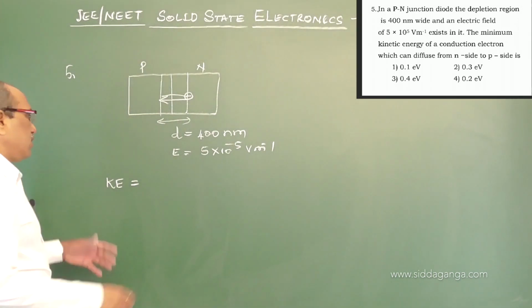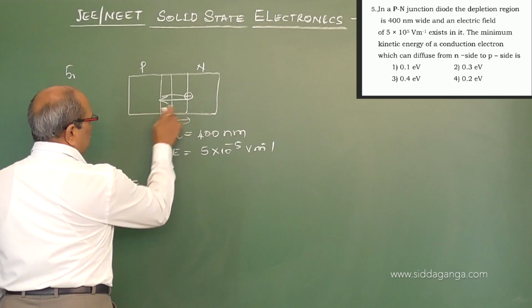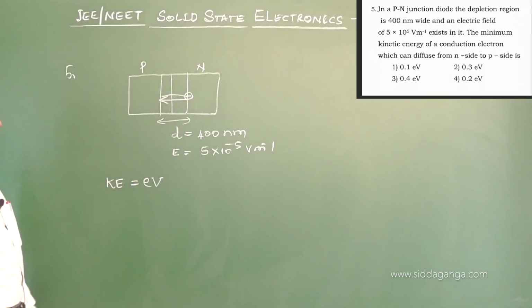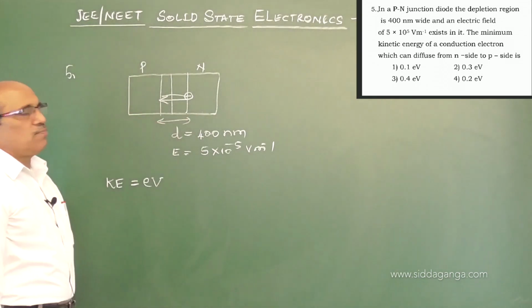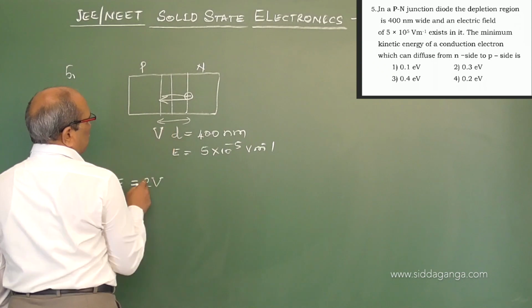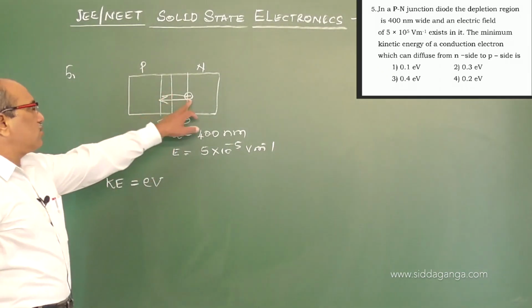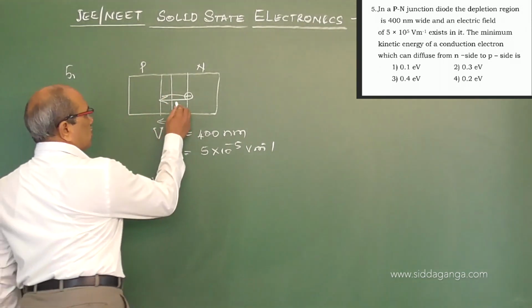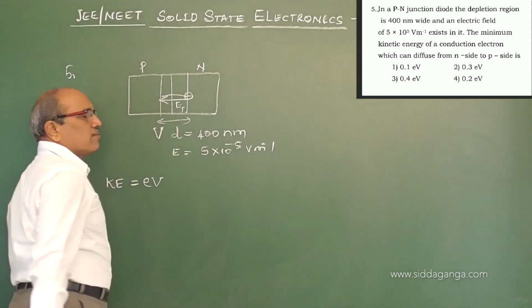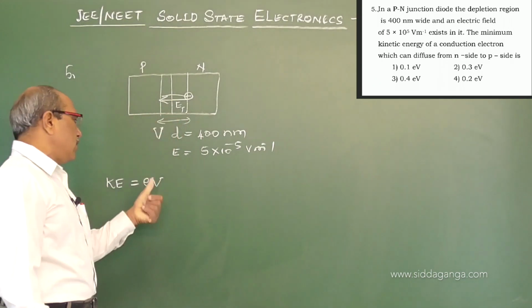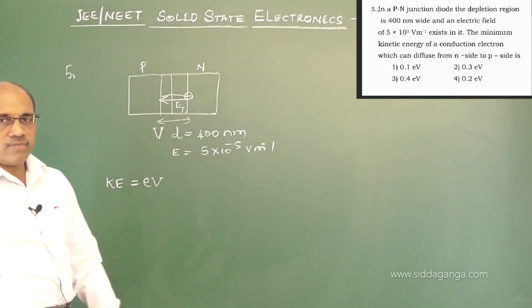Kinetic energy can be written in eV. That is nothing but the energy necessary for the potential difference. If V is the potential barrier, this electron has to cross from N region to P region against this junction electric field, it has to cross the potential barrier, so energy required is eV.